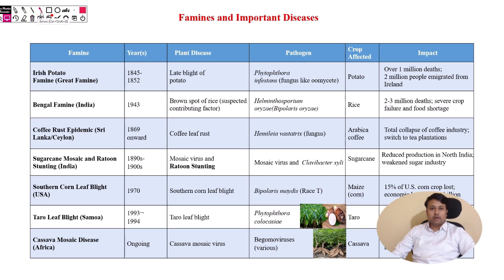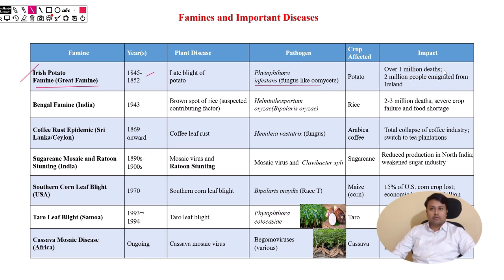Now coming to the important diseases which led to famines. One important one is the Irish famine, which took place in Ireland in 1845 and was caused by Phytophthora infestans.